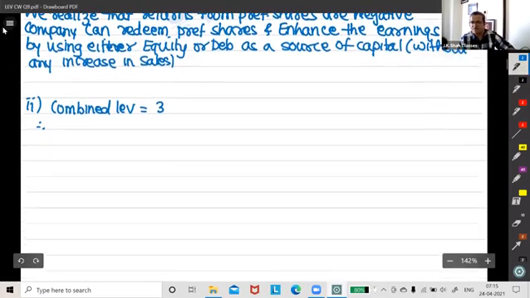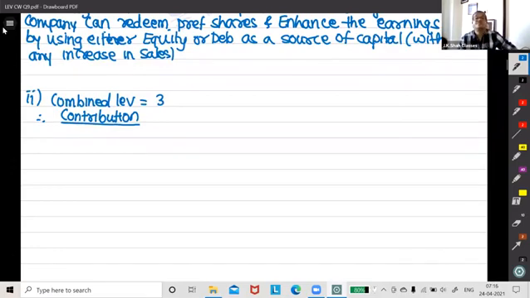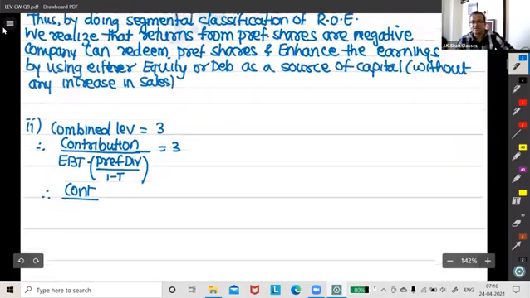Okay. So, combined leverage formula. Contribution. Hello, people. Don't forget that there is a preference dividend over here. It's contribution upon EBT minus preference dividend divided by 1 minus T. Right, friends? So, contribution is what we have to find upon earning before tax.